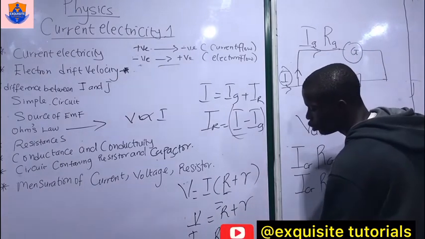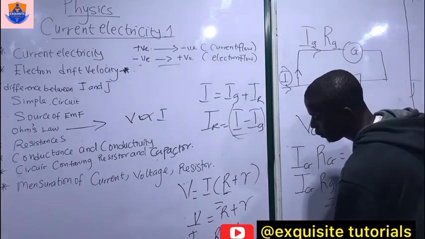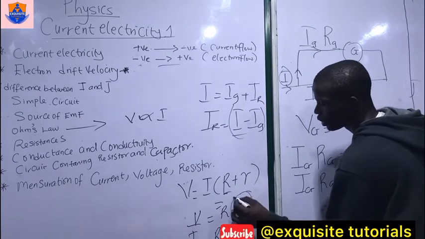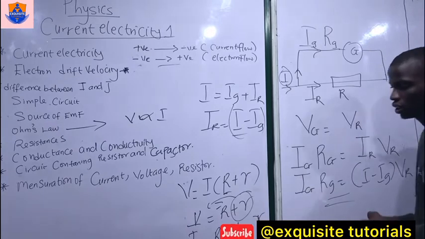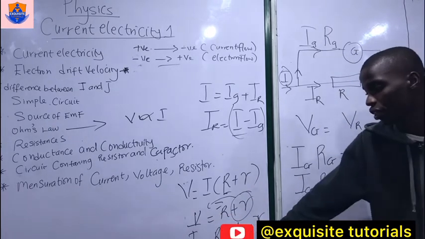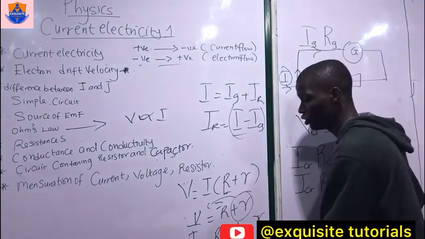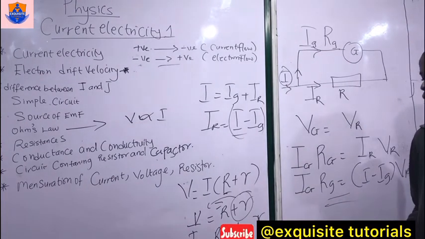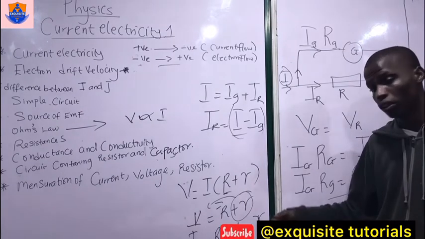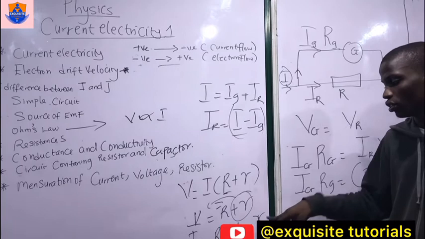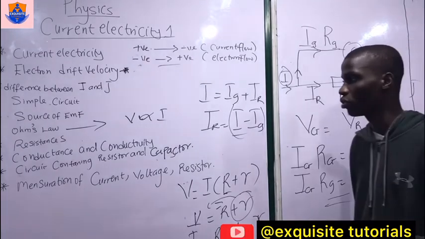Then our big R will be equal to V over I minus r, taking r to the other side. This is the value for the resistance of the multiplier. Then V is the voltage passing through the circuit, I the current, and r the internal resistance. So that is how you calculate that.